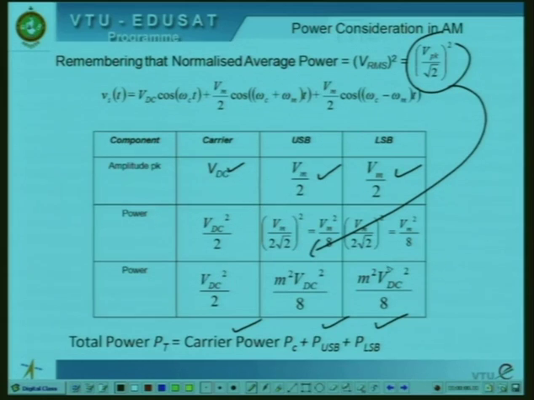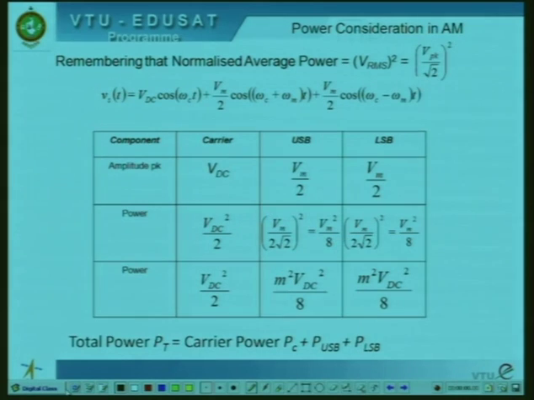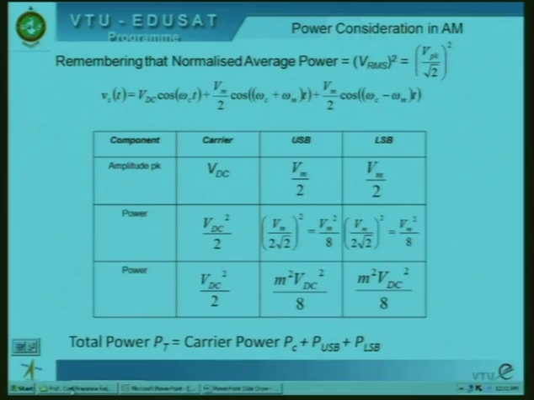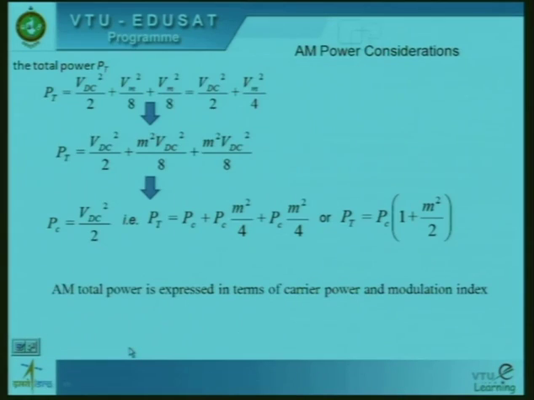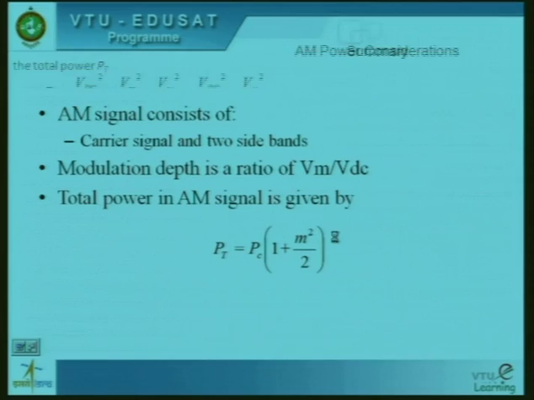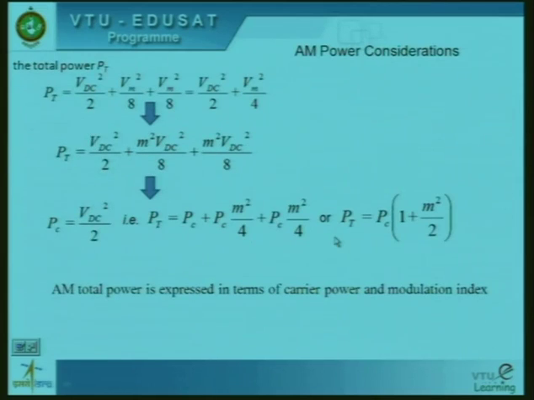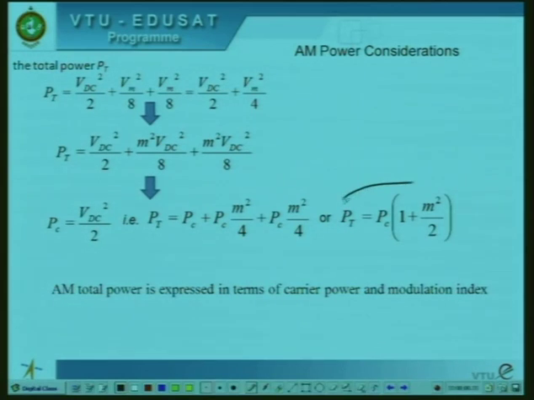By adding all three together, the total power of amplitude modulation is given by PT is equal to PC into 1 plus m square by 2.